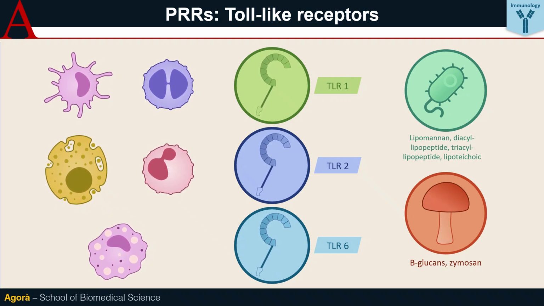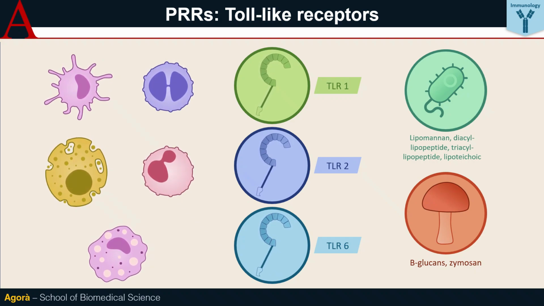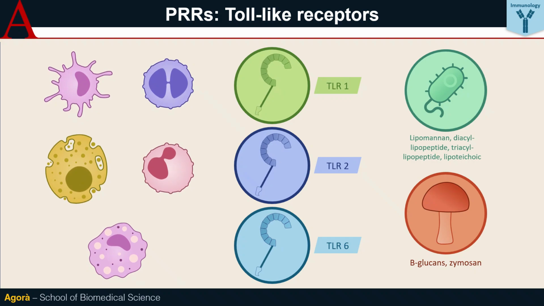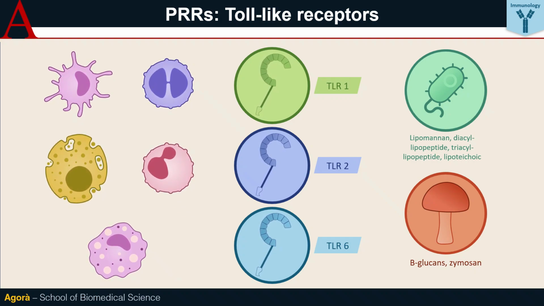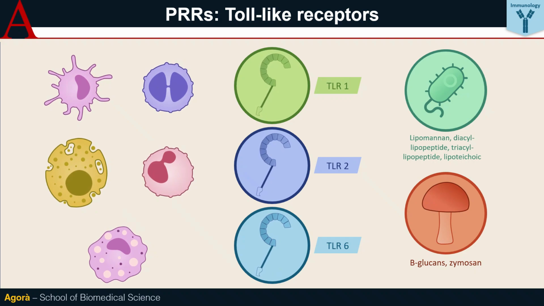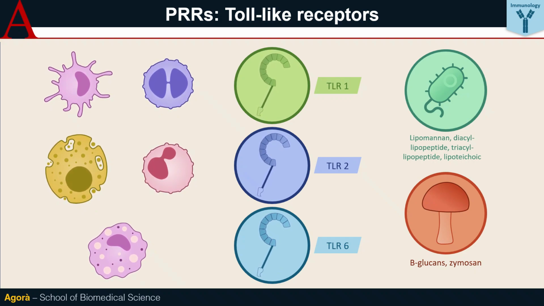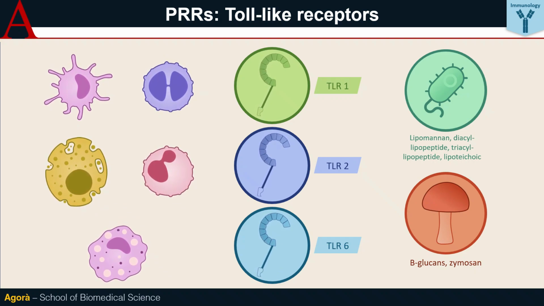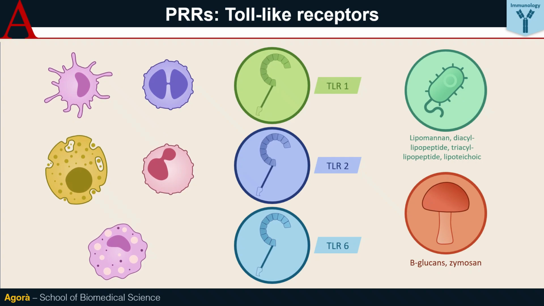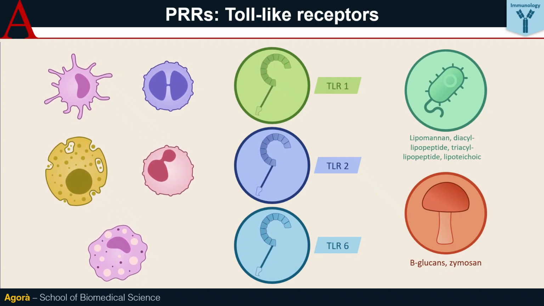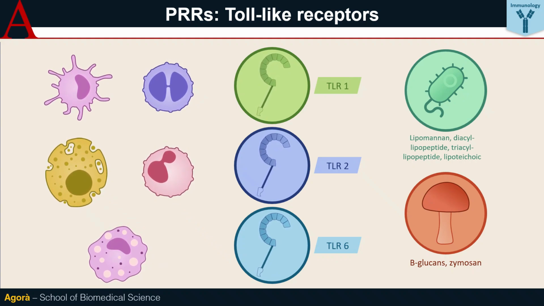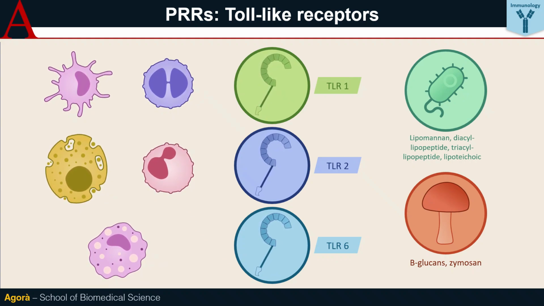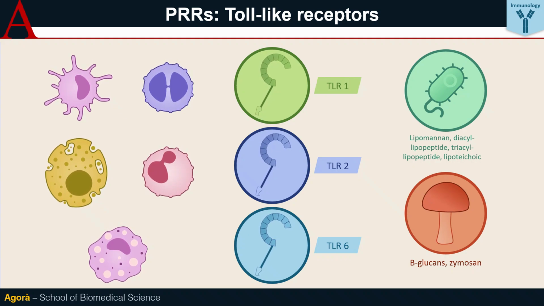They can recognize diverse components of bacterial cell walls, such as lipomannan, typical of mycobacteria, diacyl lipopeptides, and triacyl lipopeptides, found in gram-negative bacteria, as well as lipoteichoic acids present in gram-positive bacteria. Simultaneously, they also recognize fungal components like beta-glucans and zymosan, a glucan specific to yeasts.